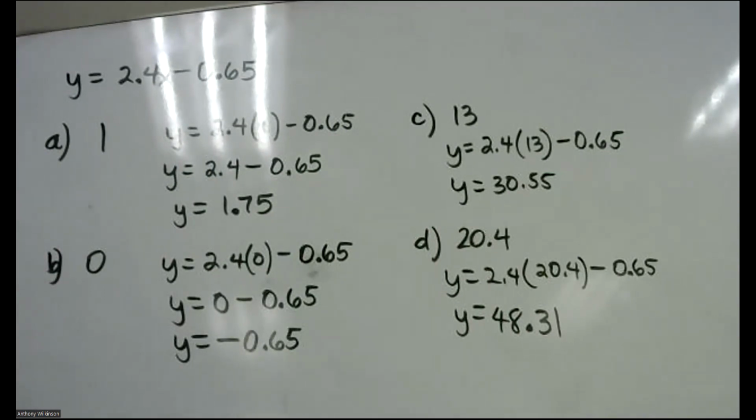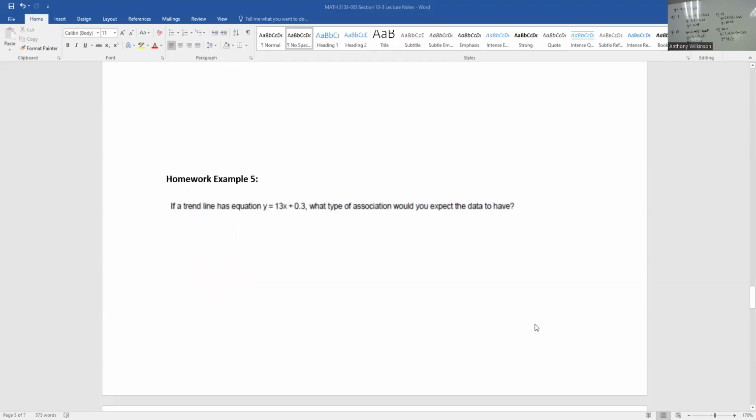Okay. Now on to example 5. If a trend line has equation y equals 13x plus 0.3, what type of association would you expect the data to have? It's either going to be positive, negative, or no association.